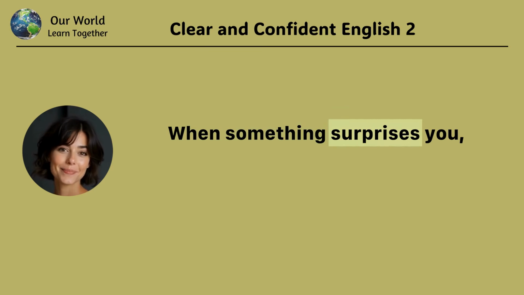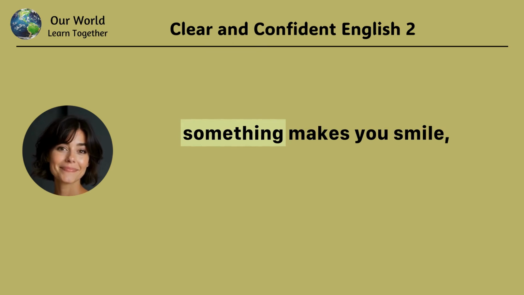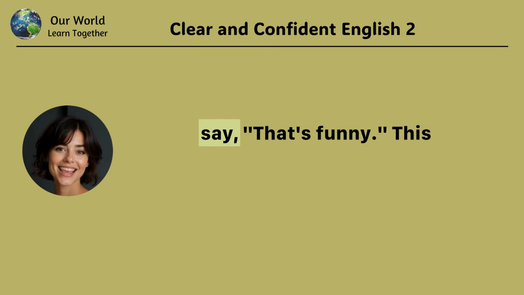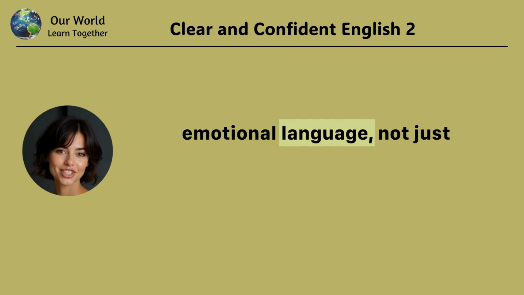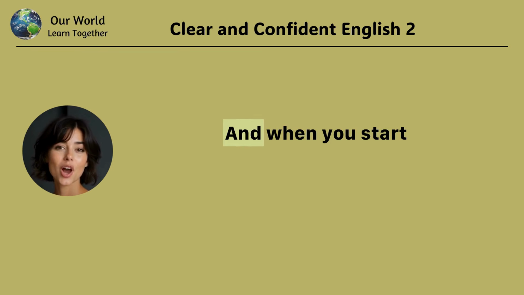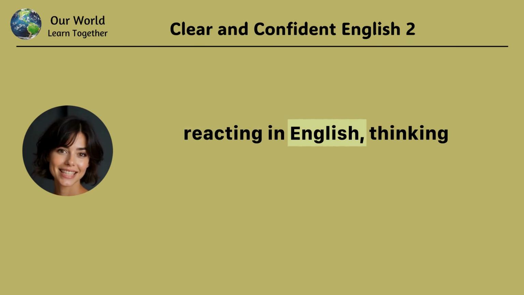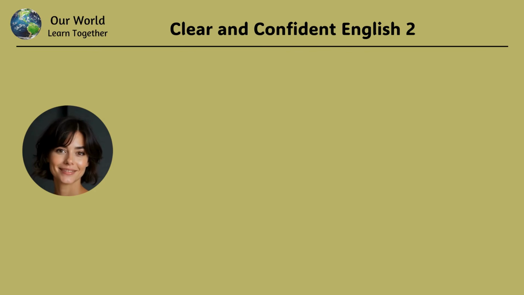When something surprises you, say, "No way." When something makes you smile, say, "That's funny." This helps English become your emotional language, not just your academic one. And when you start reacting in English, thinking in English becomes much easier.